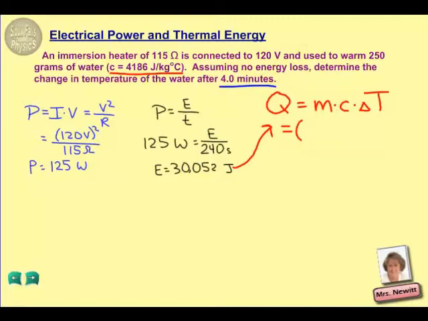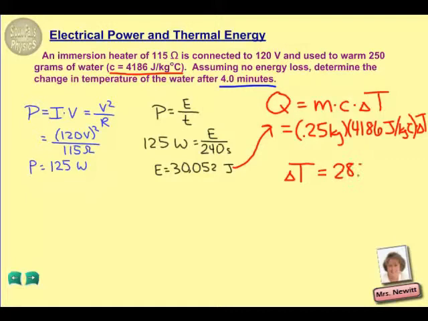That means that this mass of 250 grams of water will need to be changed to kilograms. That specific heat, again, 4,186. And finally, our change in temperature, which is our unknown. Solving for delta T, we then get a value of 28.7 degrees Celsius as the resulting change in temperature from that energy.